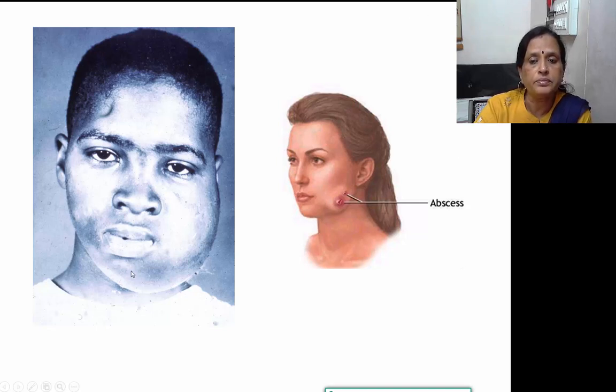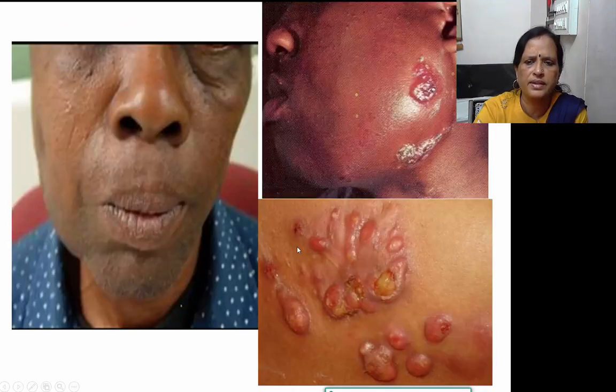This is cervicofacial actinomycosis. What are the other swellings? Anything related to the lymph node? African children, if it's Burkitt's lymphoma, yes. See, these are abscesses. They've burst, leading to a sinus tract. See, multiple sinuses, discharging sinuses.